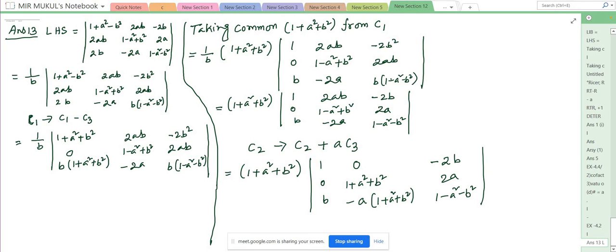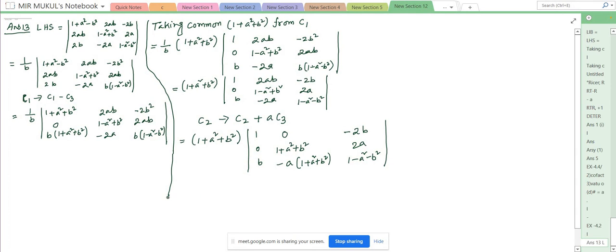After that again take common 1 plus a square plus b square from C2.